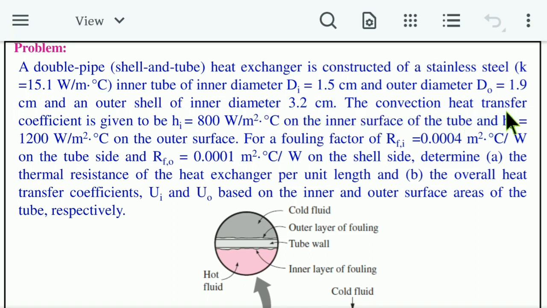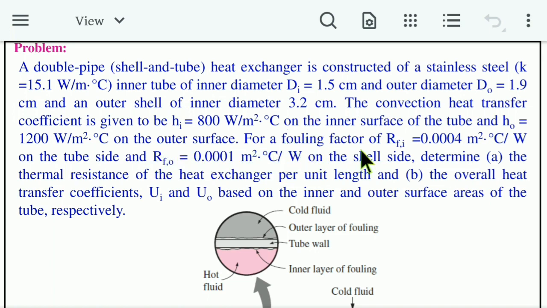The convection heat transfer coefficient is given to be HI equal to 800 watt per meter square degree Celsius on the inner surface of the tube, and HO equal to 1200 watt per meter square degree Celsius on the outer surface.